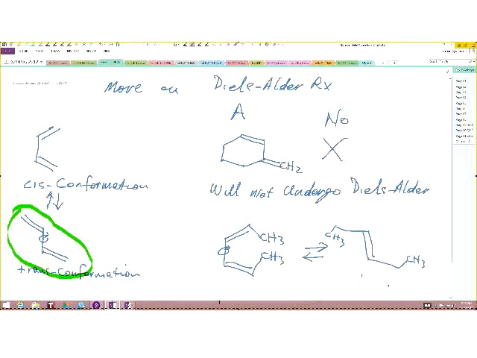See the trans conformation, and this is the cis conformation. It also happens because of what we call steric hindrance.